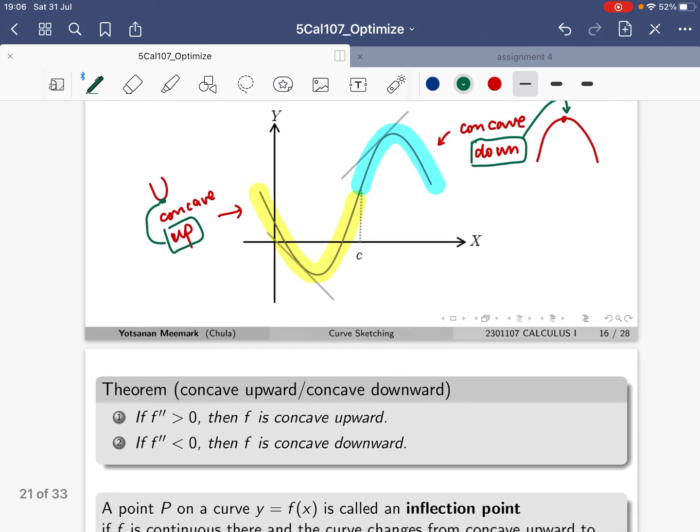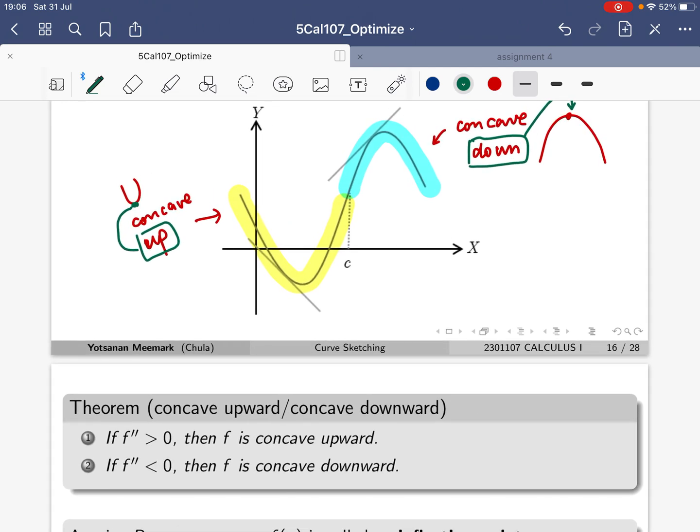To see the concavity, we can use the derivative as well, but this one is the second derivative. So why can the second derivative come into play with concavity? Look at this tangent line. This is a tangent line whose slope is negative.